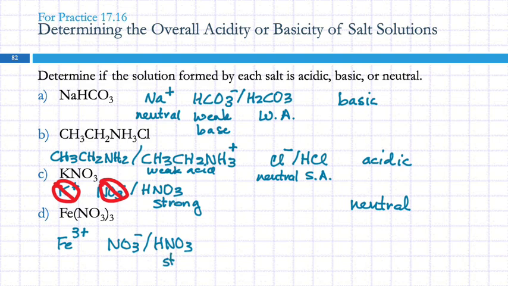So that is a strong acid, which means that this does not act as a base. This is the one that could have been the base, so that means this guy is the thing that could possibly be an acid. So that can't do anything, but this acts as an acid. So this will be acidic.